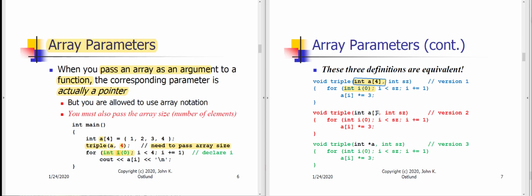So it's more common for experienced programmers to just indicate that this first argument is an array of ints, and leave out any mention of the size. The advantage, of course, is that this function will work with arrays of 10 ints, arrays of 2 ints, and arrays of 1,000 ints, as well as arrays of 4 ints, because we have specified the number of elements within the array.